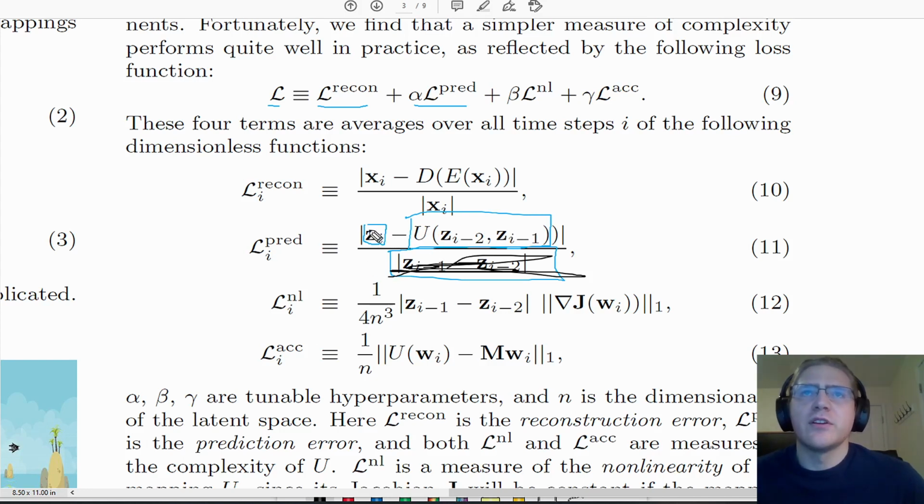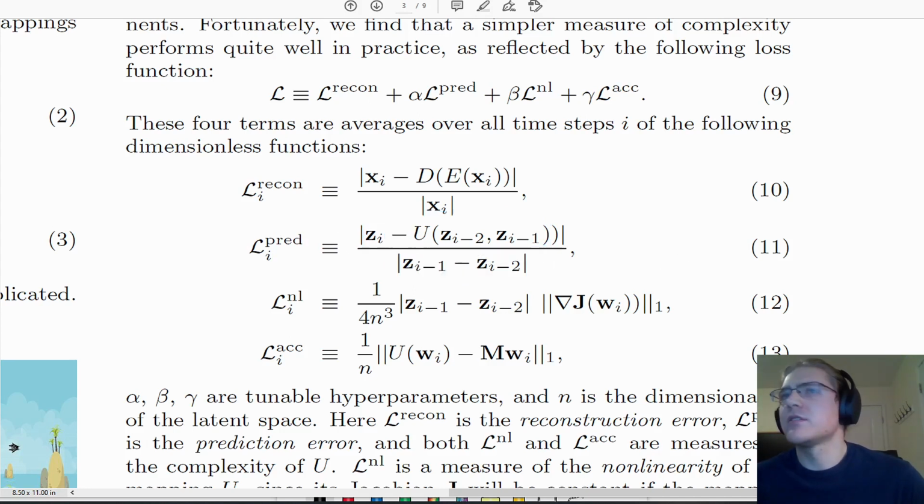So then you're going to have z_i essentially minus itself, and you're going to have zero prediction loss, but you're not actually getting anything useful out of it. So putting this scaling on there tries to push it away from that state.